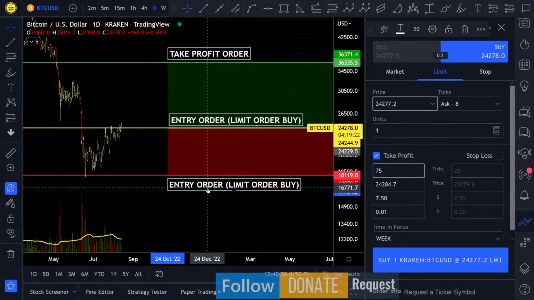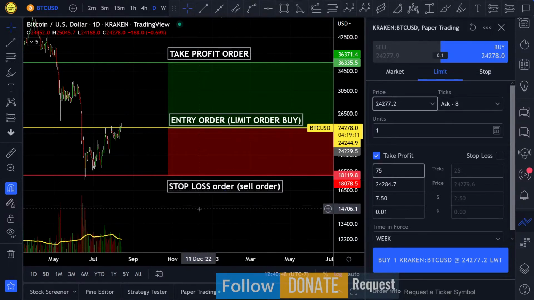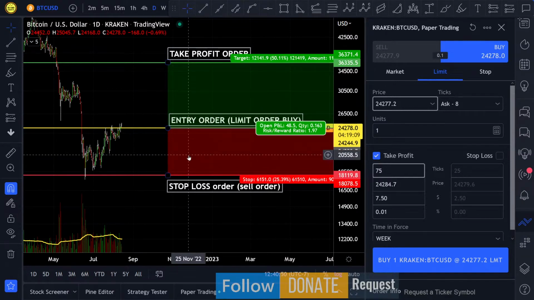These are just colors I like to use. And then my stop loss order, sell order, is down here on the red line. And these are very, very large percentages. Okay, I am not saying risk 25% of your total account.